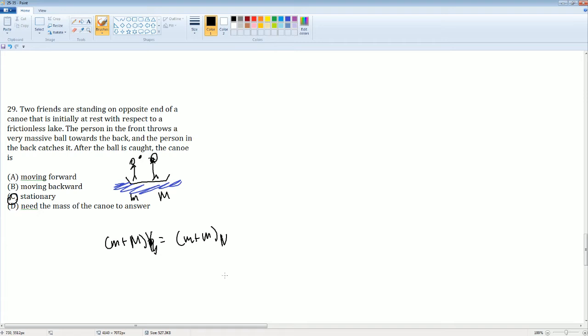The masses are the same, so the velocity has to be the same. In this case, the velocity at the start was 0 because the momentum was 0. It was at rest. So at the end, it's also going to be at rest because its mass is the same. No mass left the boat. That's why it's still stationary. It is only when the mass leaves the boat that the canoe will start moving.